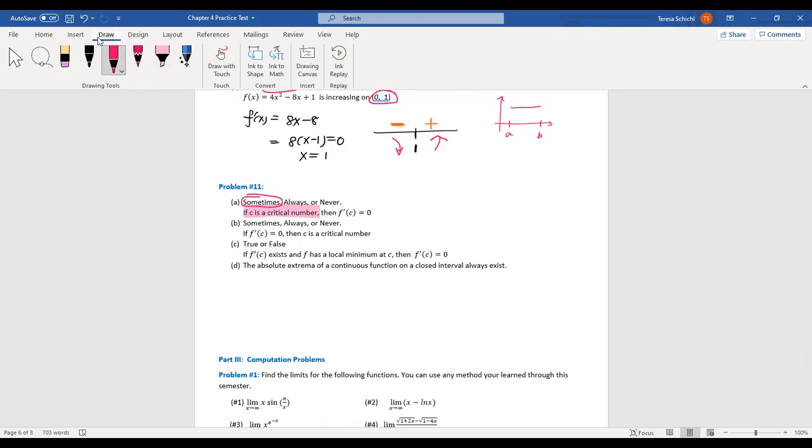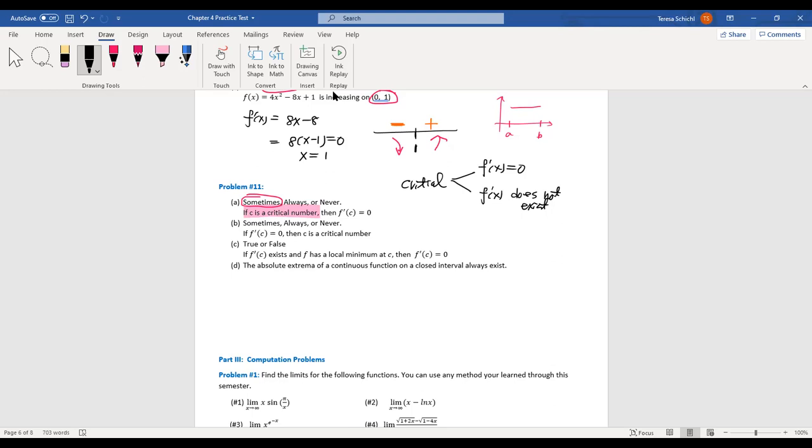Why is it sometimes? Because we said the critical number has two situations, right? The first situation is f prime of x equal to 0, you solve for that. Or f prime of x does not exist. So sometimes it will be, but it doesn't always guarantee, right?